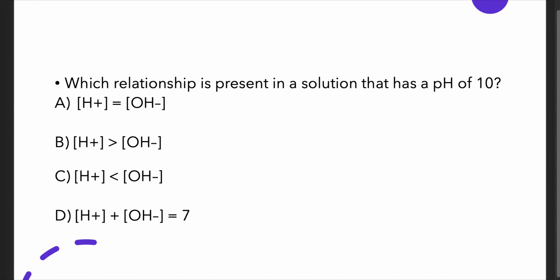Let's do one more similar to this one. Now we're looking at a pH of 10 instead. So that means this is a base. So a base, again, if you guys remember, will be a salt that has an ending with OH. So it'll be like NaOH.